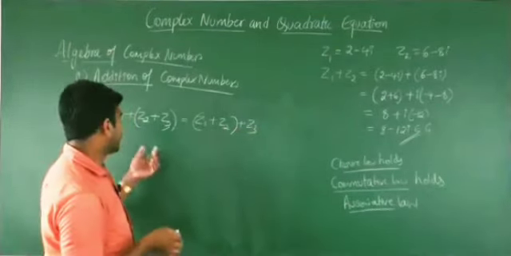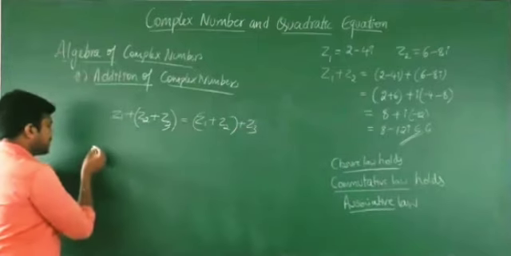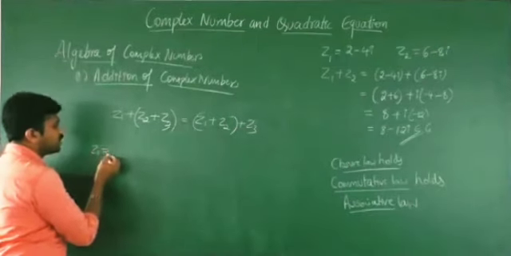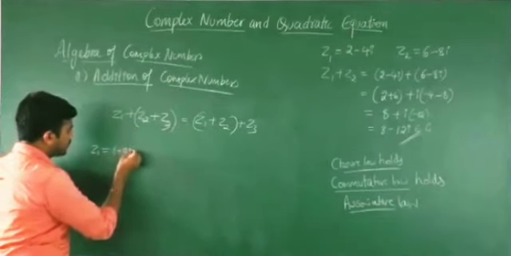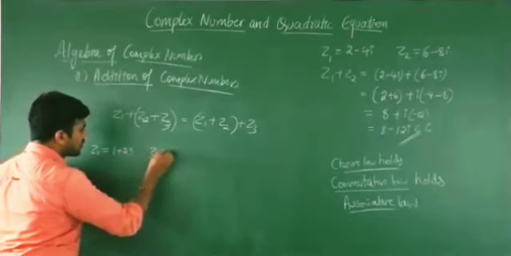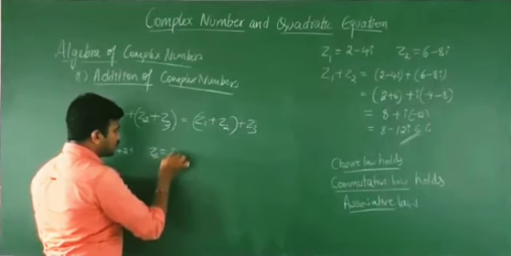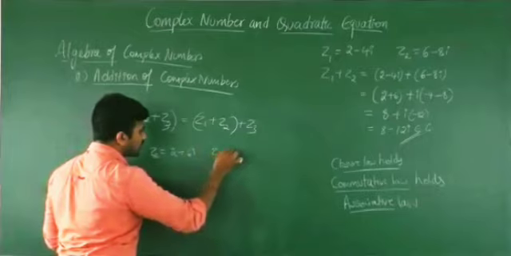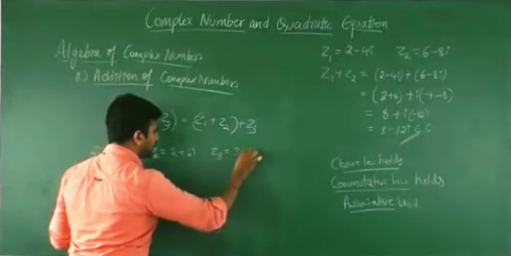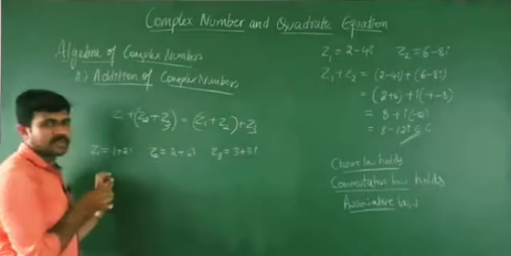Check it again. We need to consider three complex numbers. Z1 is a simple complex number, 1 plus 2i. Z2 is 2 plus 6i. Z3 is 3 plus 2i. Like this you have three different complex numbers.